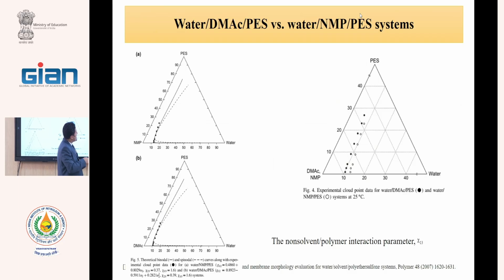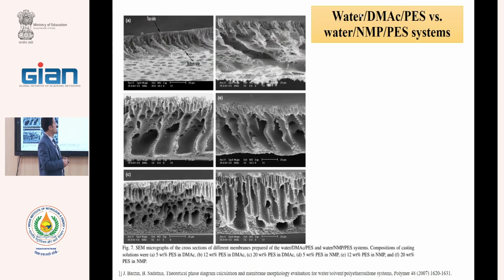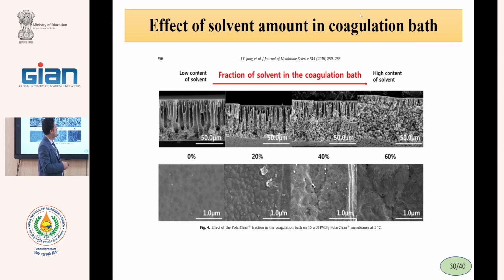With very little change in the white, we see that DMAC and NMP have very different structures, as seen in the previous slide. In this slide, we also can see that with change of the polymer concentration, we have a different structure.